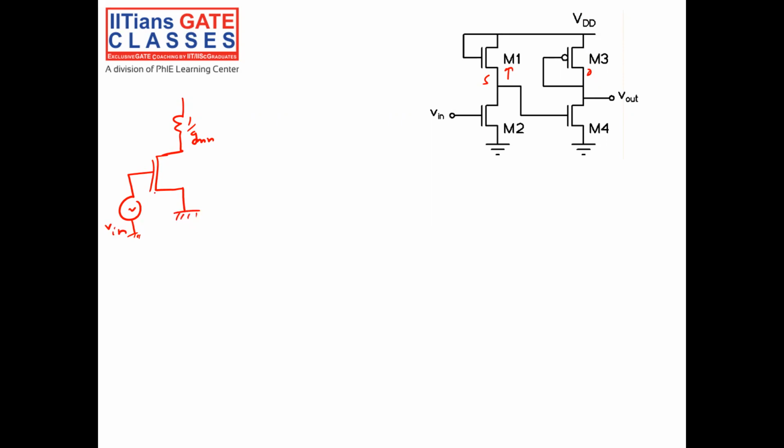Source is grounded, right? This is driving my other transistor M4, right? And drain to ground, this is ground only, because for small signal analysis, I will make VDD to ground. From drain to ground, I have a resistance 1 by GMP. Okay, this is my circuit.